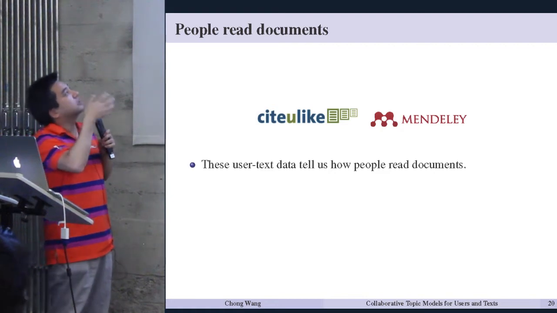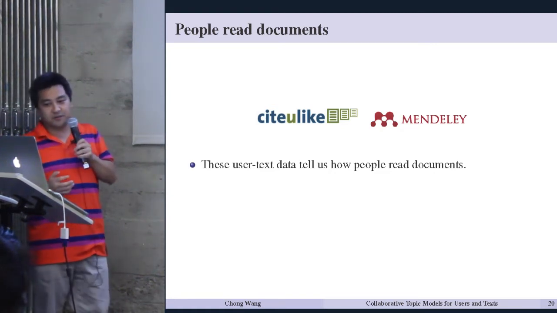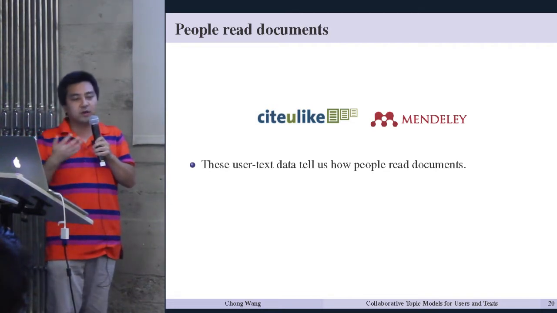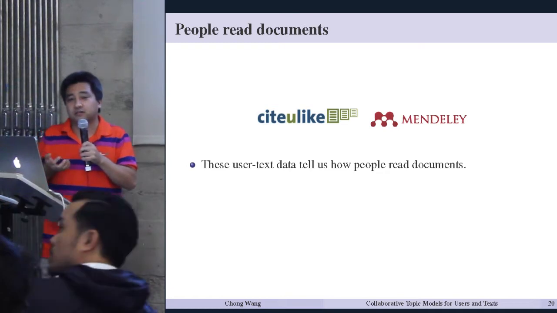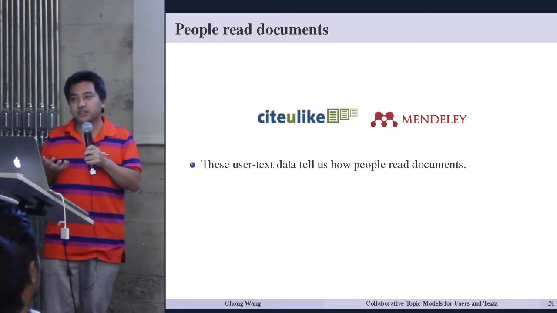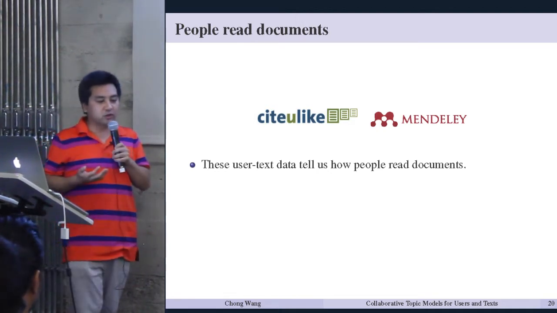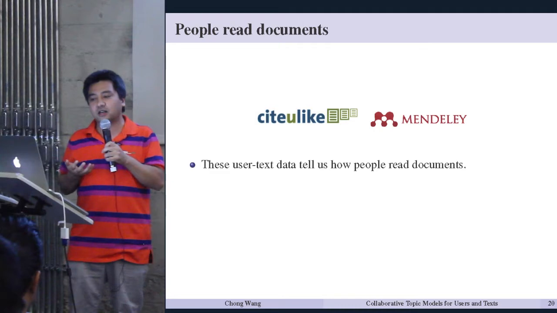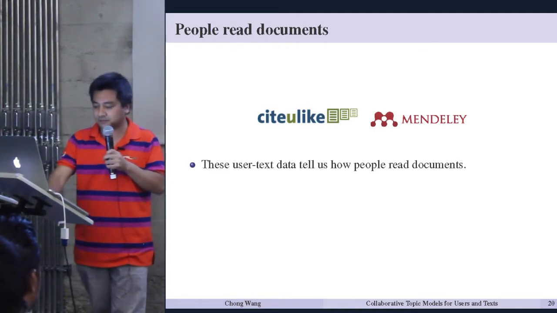So we look at the CiteULike data and Mendeley data. These are two websites that provide a web service so that you can upload your personal libraries, your reading histories, to their website. We hope to use this type of data to tell us how people read documents.